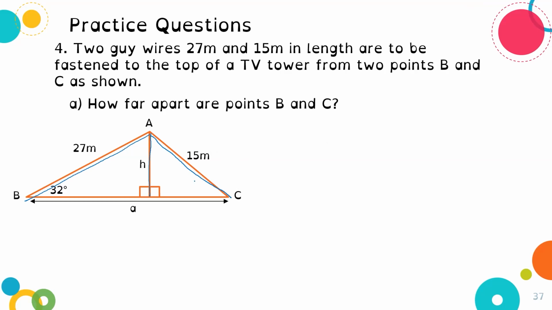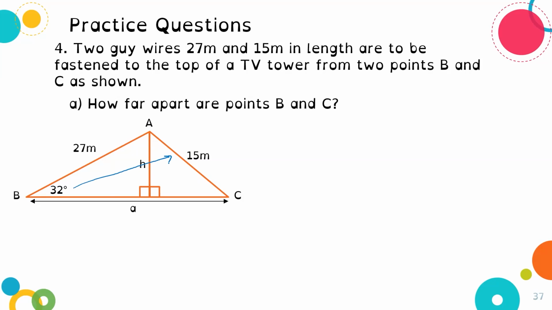And I know that the angle at B is 32. So sometimes they just tell you on your diagram what your angle is. Great. So do I have enough information to figure this out? I know one angle, and I know a side across from that.